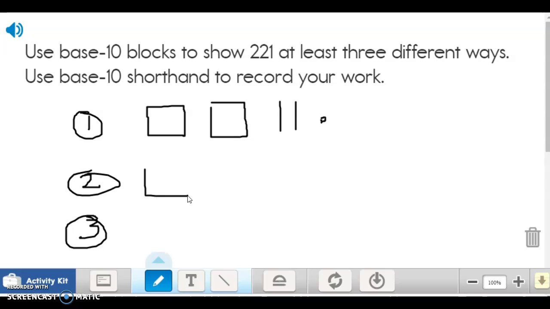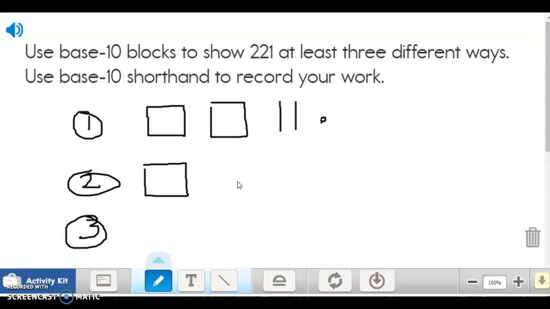But I could stretch this out. I can do this, this is 100, I can do that again. And instead of using my flat, 100, I could stretch that out and make that 100 longs. I would need 10 of them to make 100, plus the 2 I have.